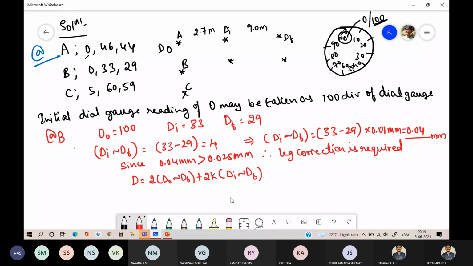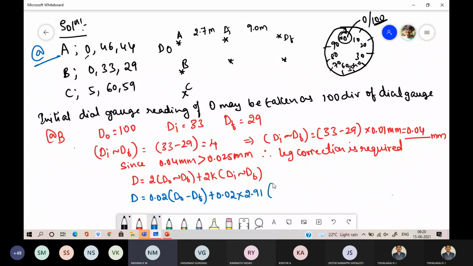Yes, sir. Now, after multiplying the least count, it will be 0.02 (D naught minus DF) plus 0.02 K (DI minus DF). What is the leg correction factor they have given? Kindly go through the question. Leg correction factor is 0.91.